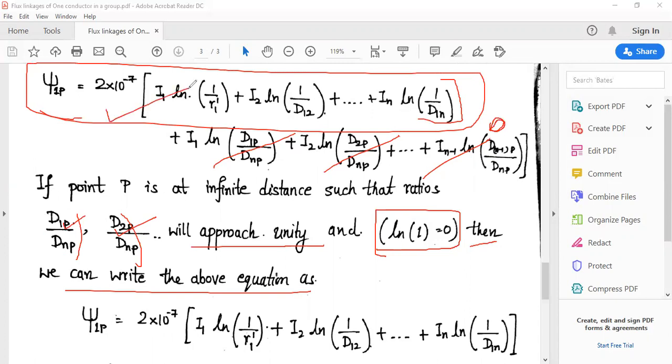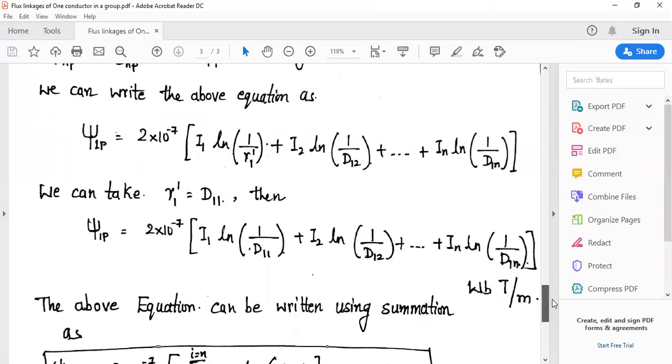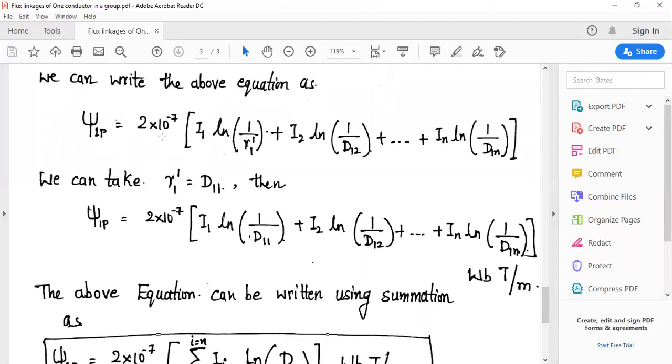So this is the final equation you get for phi 1P, that is due to all the currents, that is I1, I2 and I3. We can generally write the equation as lambda 1 dash equals 2 into 10 power minus 7 times I1 ln of 1 by D11, plus I2 ln of 1 by D12, up to In ln of 1 by D1n, expressed in Weber turns per meter. So this is the per meter value.